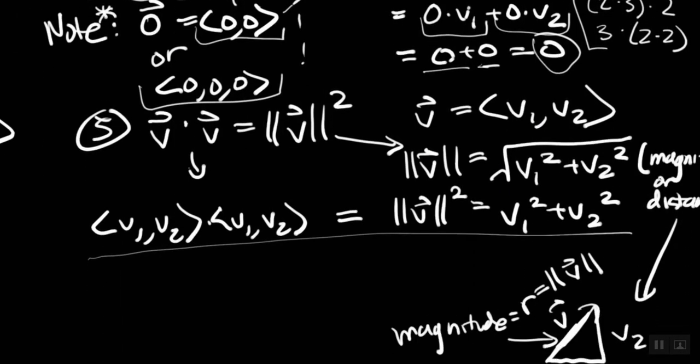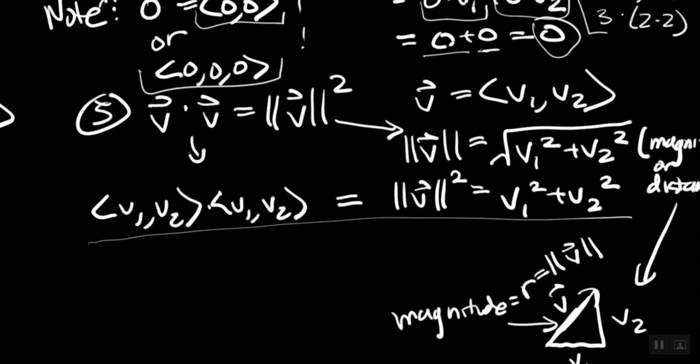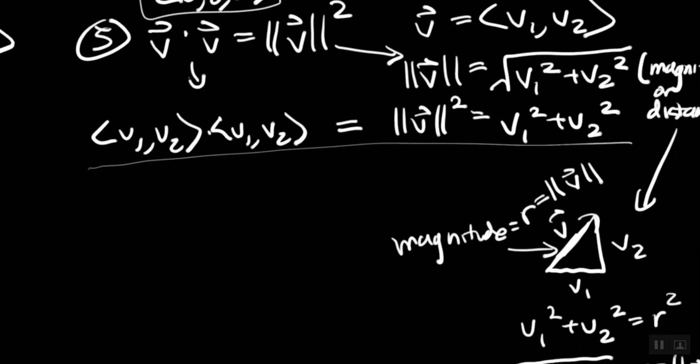Now, our final rule will involve some new concepts, but we'll figure this out. So, the dot product of, well, a vector and itself will yield the norm of the vector squared. Now, what is a norm? Well, the norm is simply the magnitude. Now, the magnitude, we can kind of prove this by looking at this triangle.